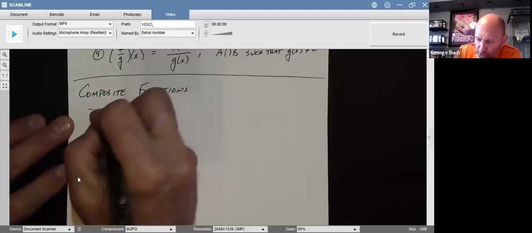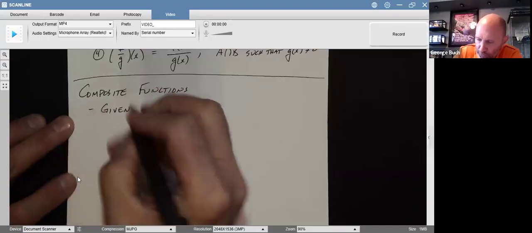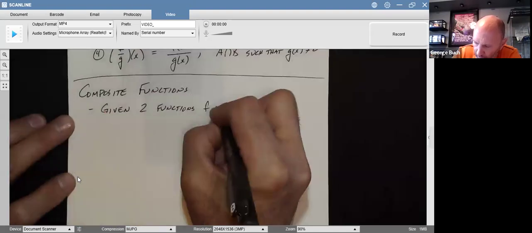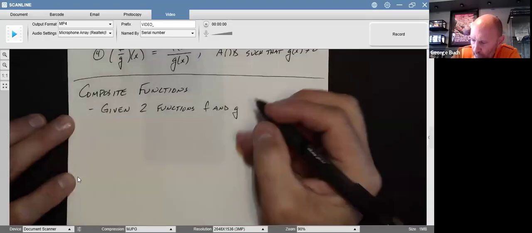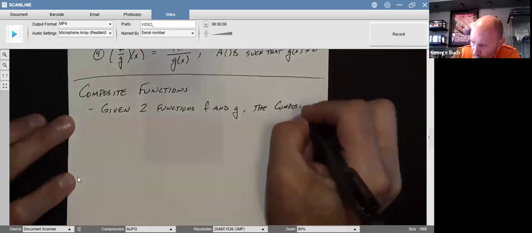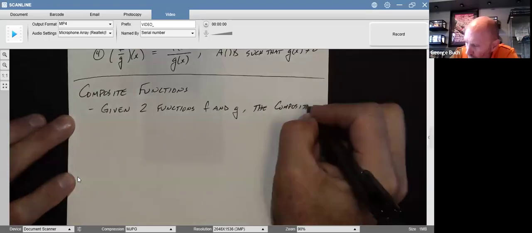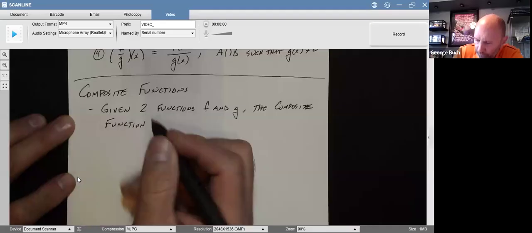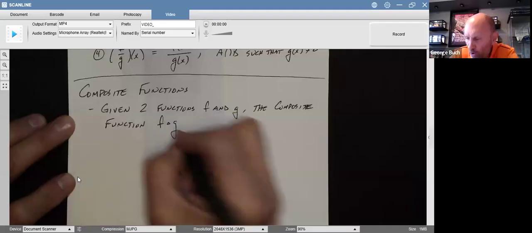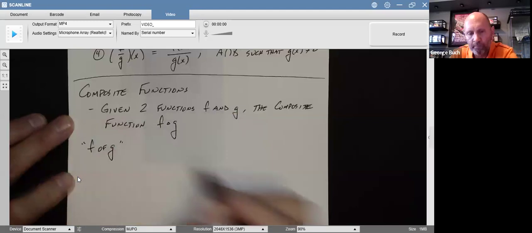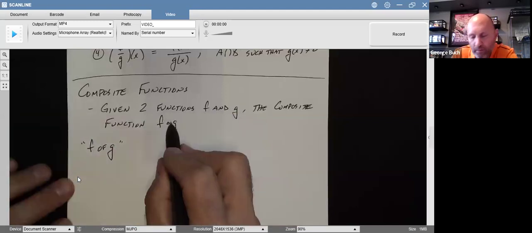So the formal definition is that given two functions, f and g, the composite function, and we call this f of g, it has this little notation, f with the little o, I guess, for of.